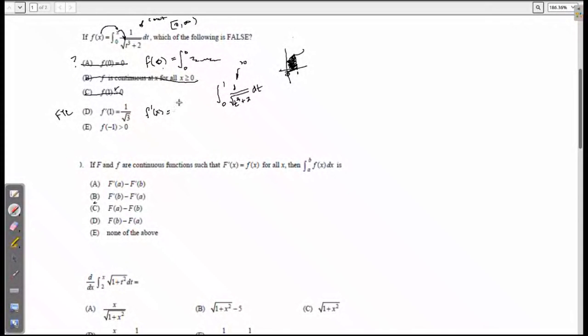So it's going to be 1 over the square root of x cubed plus 2.